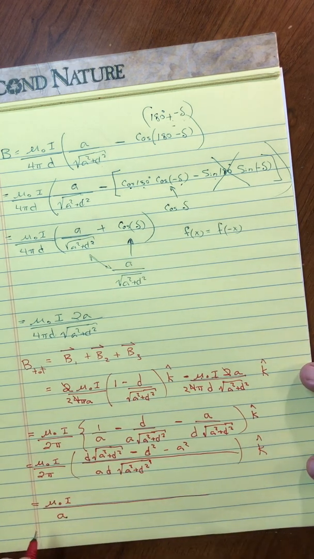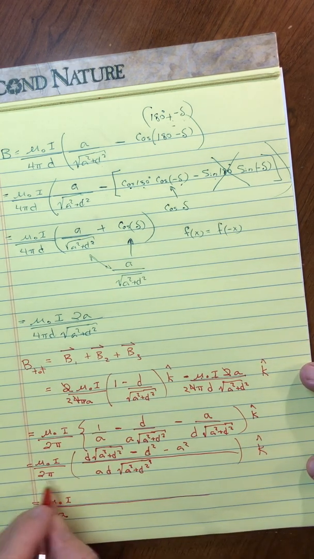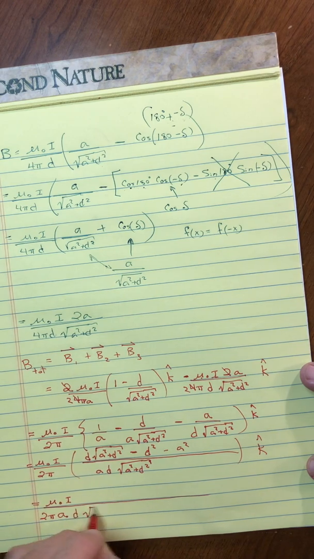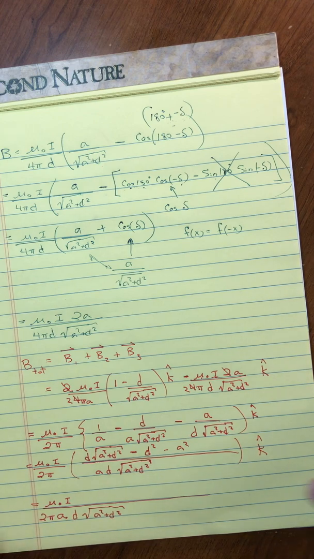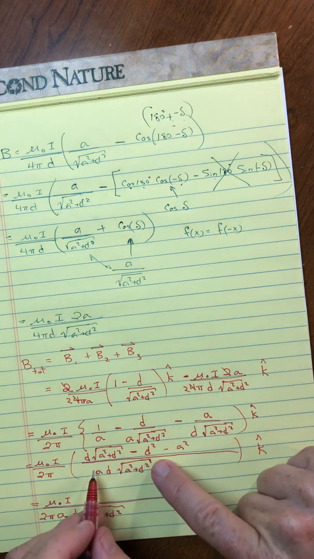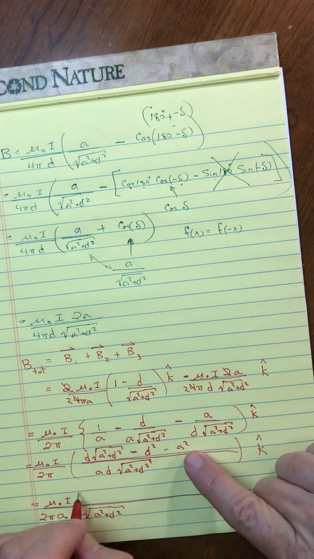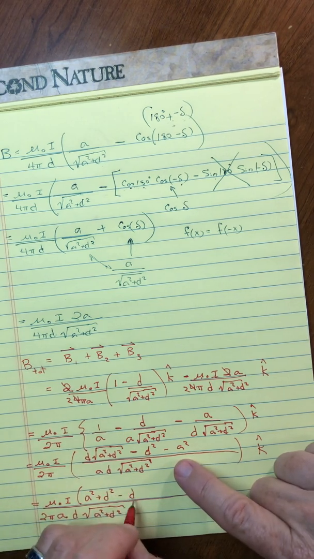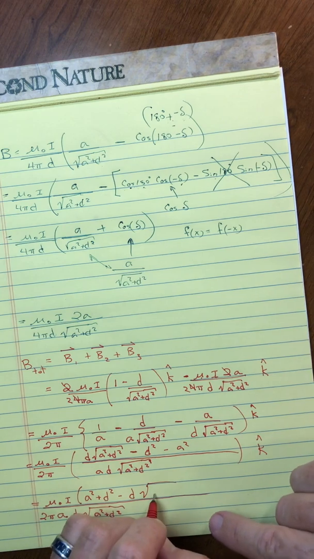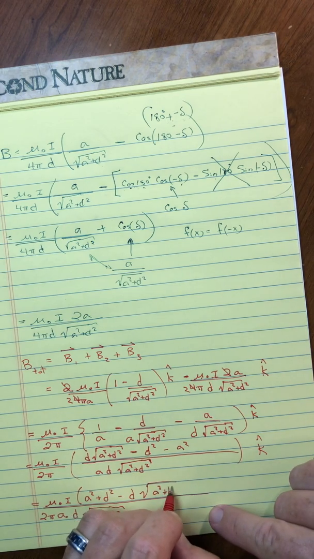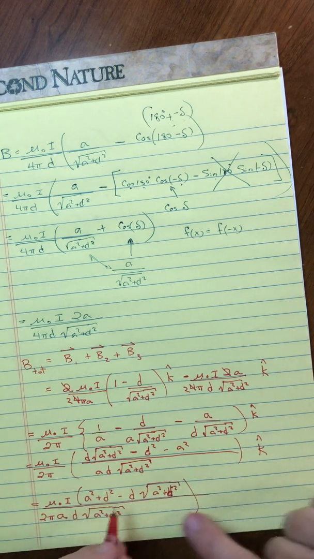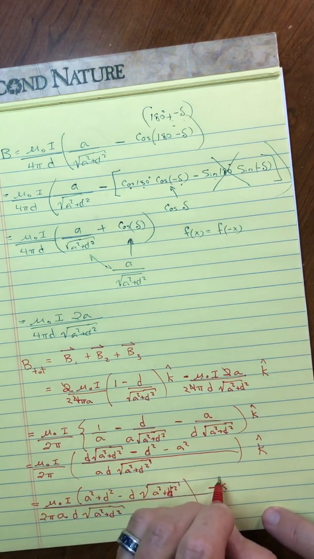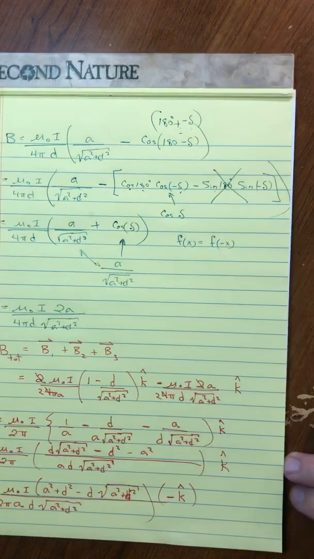I'll just put the 2 pi and the a and the d and the square root of a squared plus d squared here. And he factors out a negative. So this then becomes a squared plus a d squared minus a d over the square root of a squared plus d squared. And then he factors out that negative and he puts it here with the k hat.